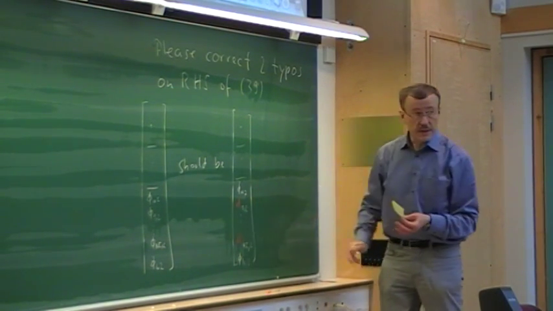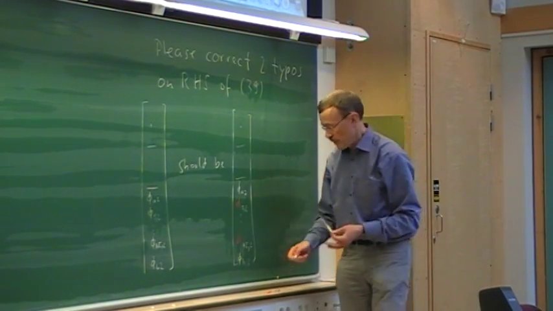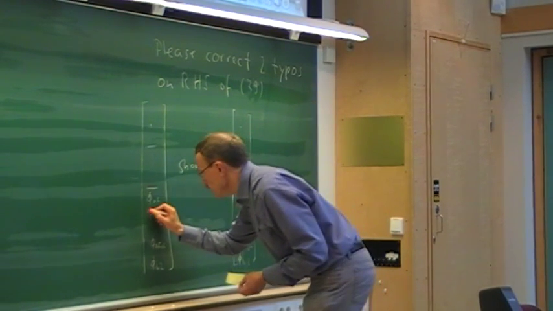So the boundary data must come in here. So this phi here, that was wrong.